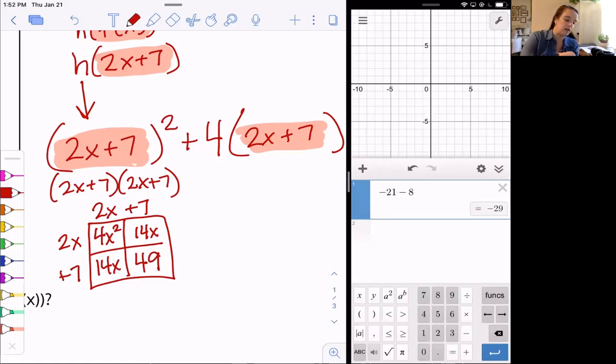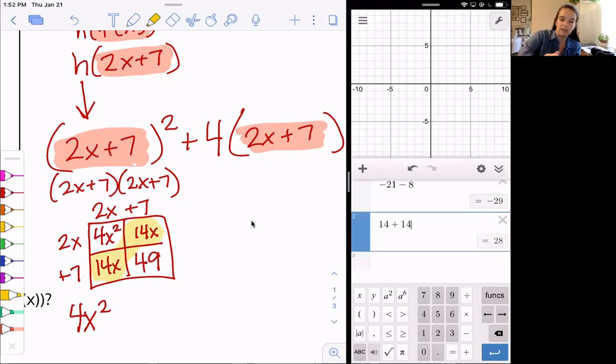All right, so coming out of this section right here, I have 4x squared. I have 14x and 14x. I might say, oh, I'm going to try this calculator. 14 plus 14 is 28x. And then I have 49 from right here.